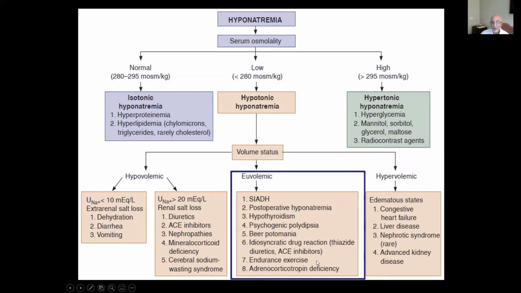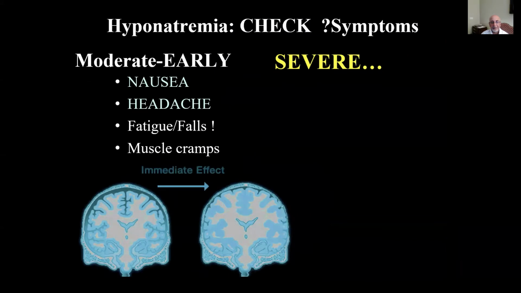Sometimes one sees marathon runners or endurance exercise patients who may be taking a lot of water, but the ADH levels are very high and they develop exercise-induced hyponatremia. And of course, adrenal insufficiency should also be searched for with a serum cortisol level.